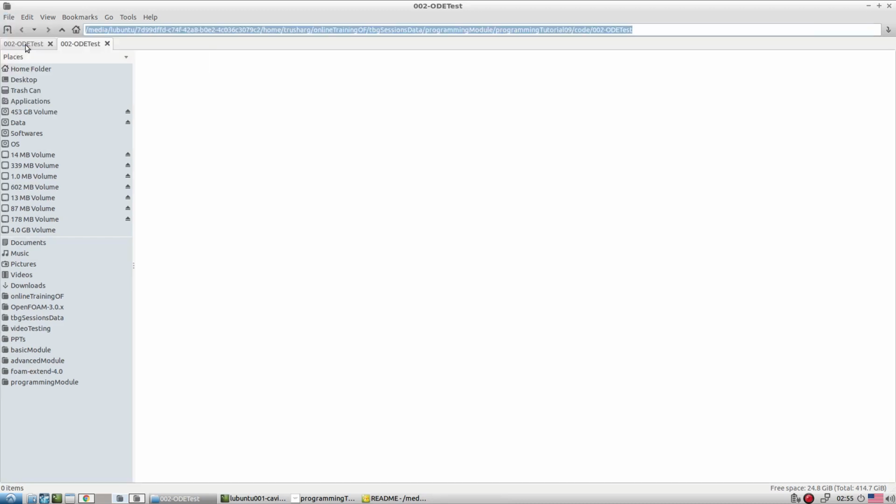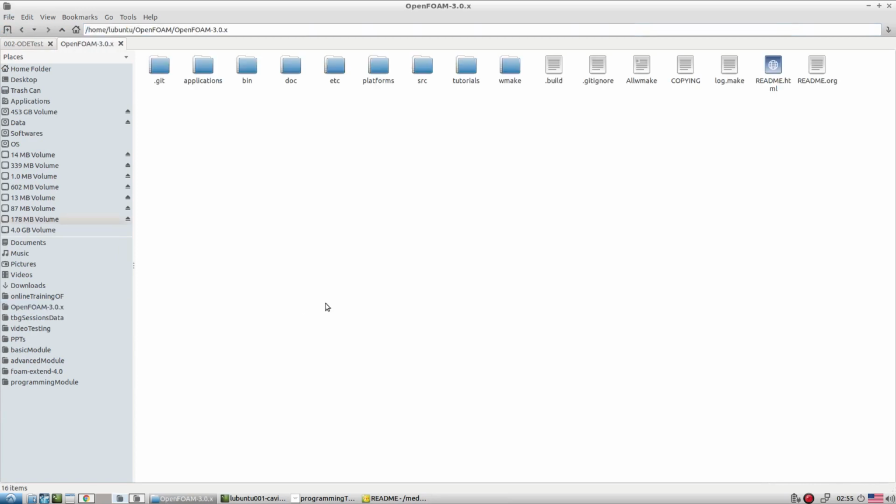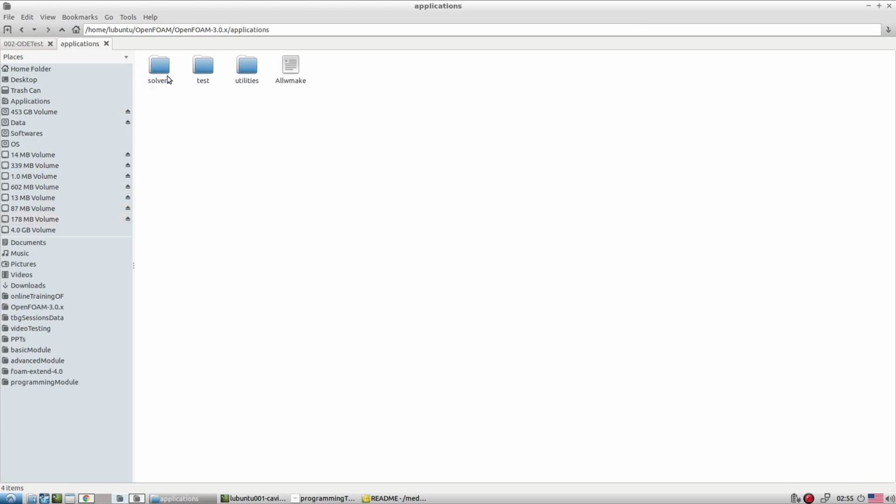Now from where do we add this class of the solver? First understand that. So let's go to the install area. Inside the install area, we already have a couple of things. If you look at the application and the test folder, till now we always explored the solver folder. Now let's look at the test folder.